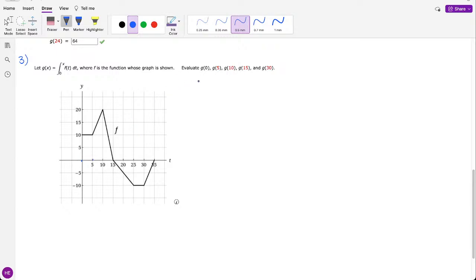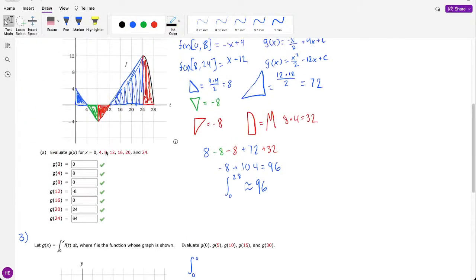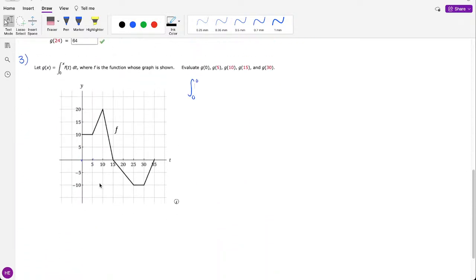The way this works is this is like an integral. So g of 0 is the integral from 0 to 0. And that is going to be, I believe, just 0, right? Yeah, because it's not going anywhere. It's just staying right here on this line, so it doesn't gain any area because it's just a line.